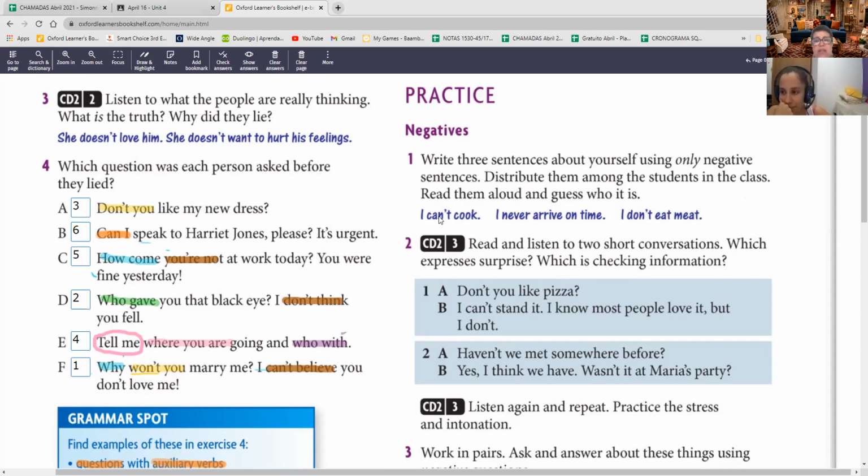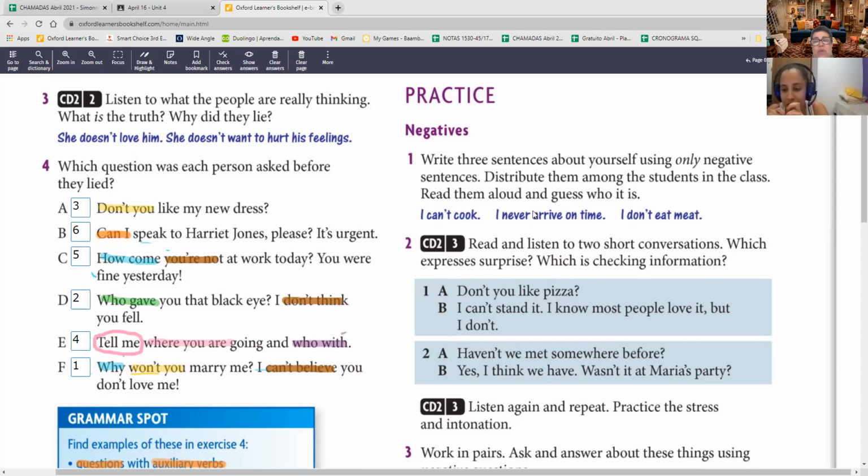So let's see the examples here. The first one, can you read, Lorena, please? Yes, "I can't cook." The next one. "I never arrive on time." Good. And "I don't eat meat." All right. So these are negative statements. They are not questions. They are statements.